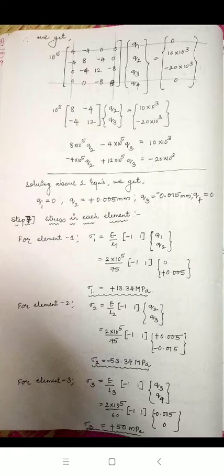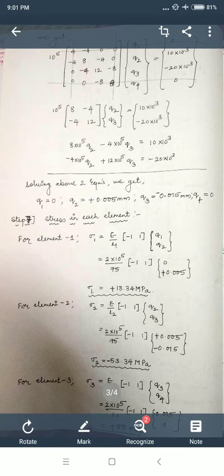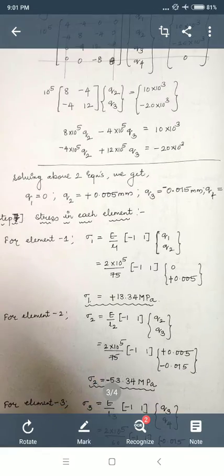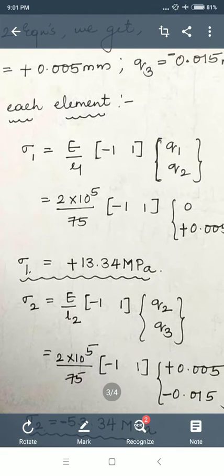Here I have written Q1, Q2 because for element number 1 the nodes are 1 and 2. Substitute the values of E, L, Q1, Q2 which are known for us. Calculate this part. Sigma 1 we are getting as 13.34 megapascal.